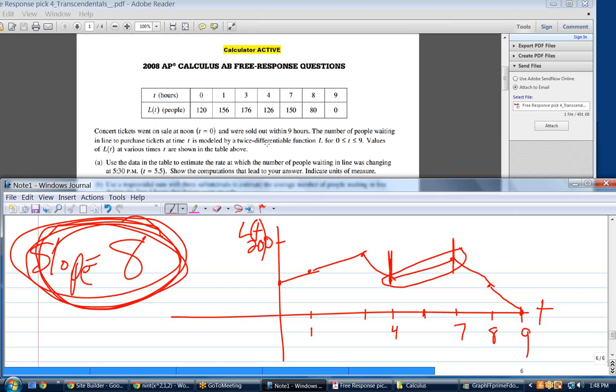If they were asking for the number, we would take 12 and add it to 126. And if they said what was the rate of change at 2 o'clock, it's the slope of that line.